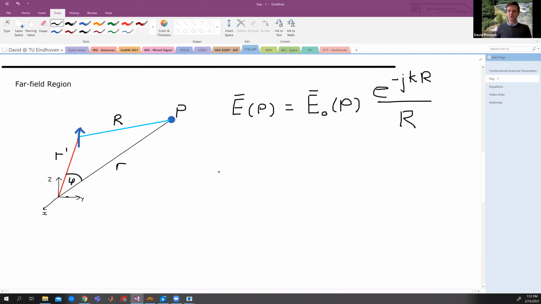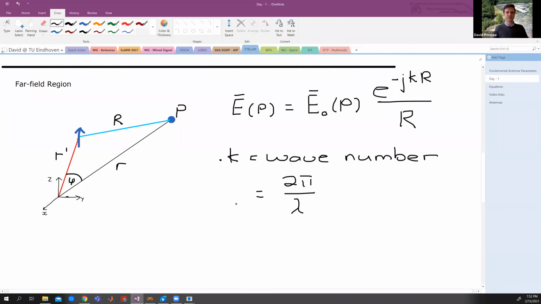Now, for those of you not too familiar with this, I just have to assume that not all of you are. This value k is called the wave number, and this is defined as 2 pi over lambda. Maybe good if you just write that down for yourself to use at a later stage again.